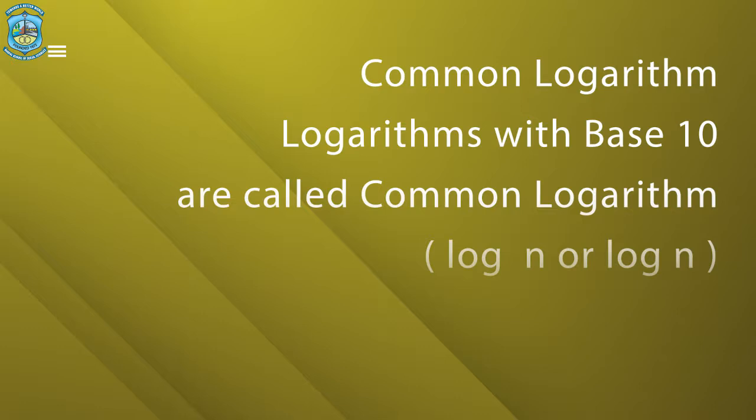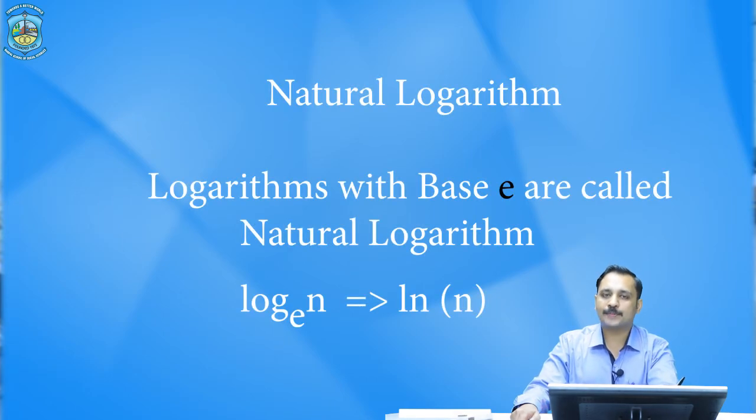Now there are 3 types of logarithms. First, logarithms with base 10 are called common logarithms or common log. We can write log of n to the base 10 as simply log of n. It is understood here that the base is 10. The second type of logarithm is logarithms with base e, or exponential. They are called natural logarithms.